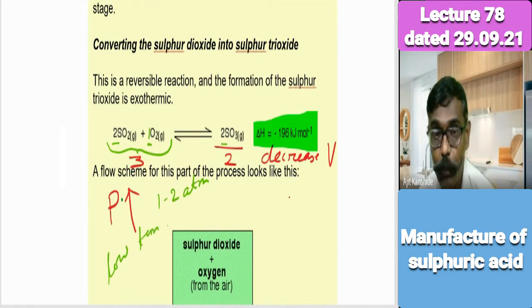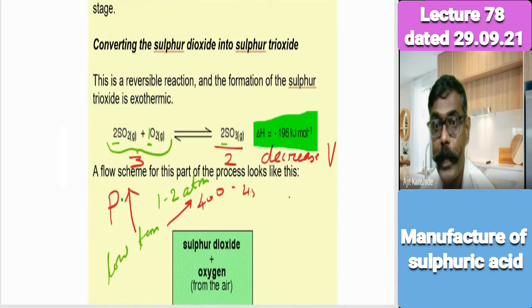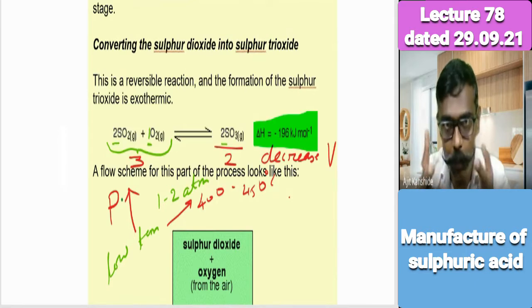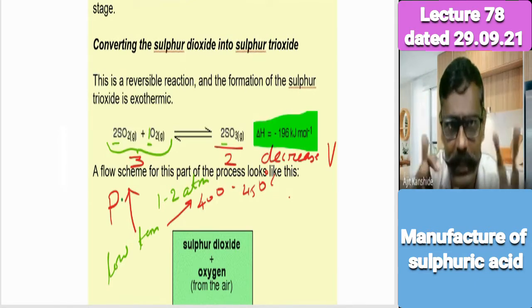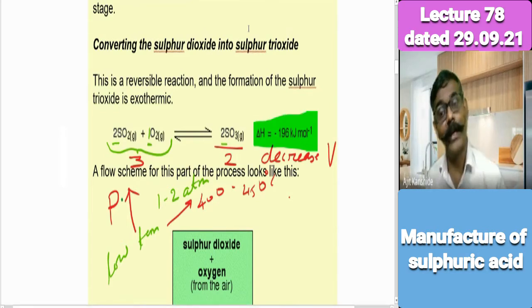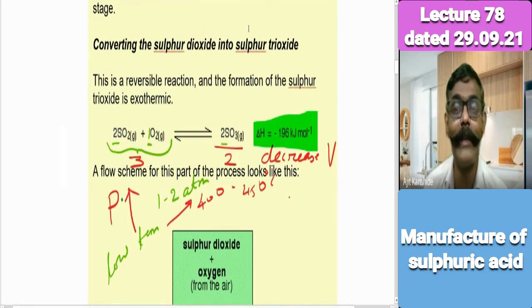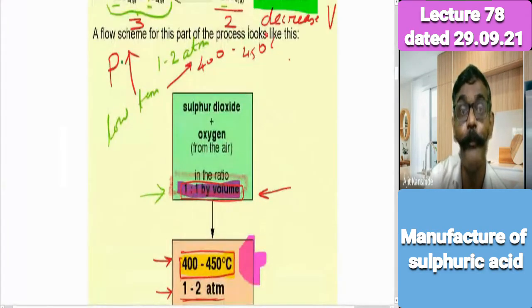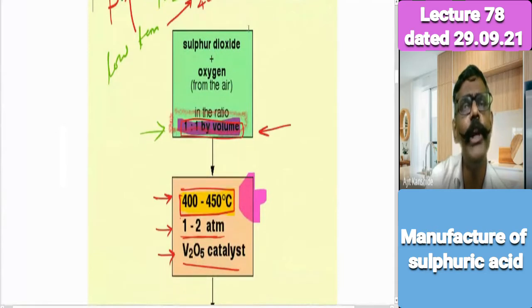But which temperature are we using? We are using 400 to 450 degrees Celsius. Then you will doubt, is that low temperature? Yes, for that reaction it is low temperature. The reaction can properly execute at that temperature. That is the second condition, the temperature, and the catalyst is V2O5.